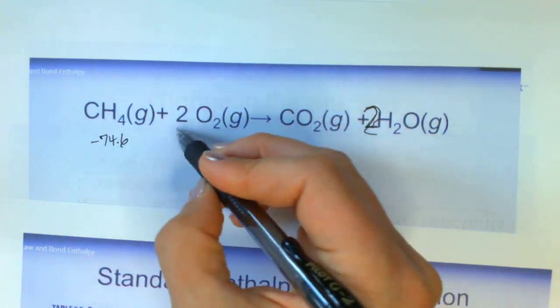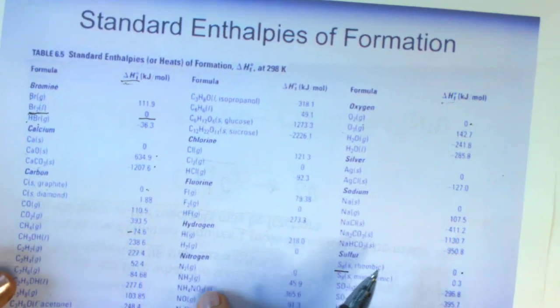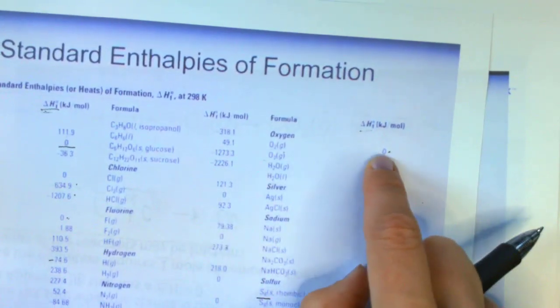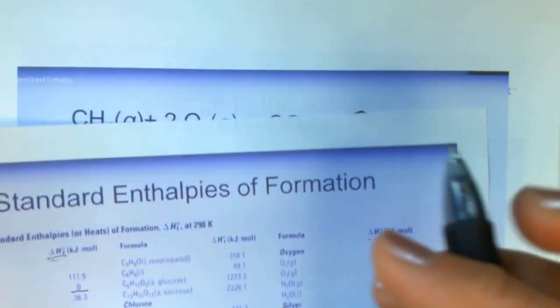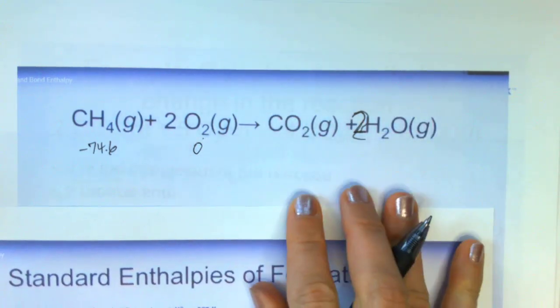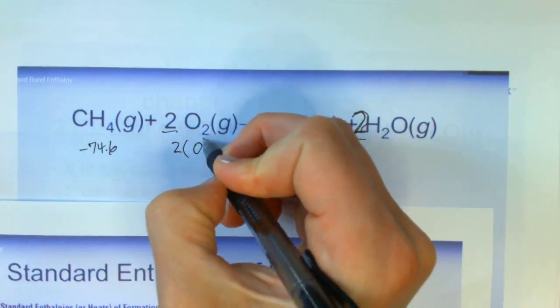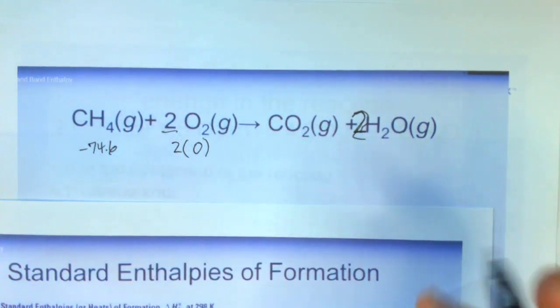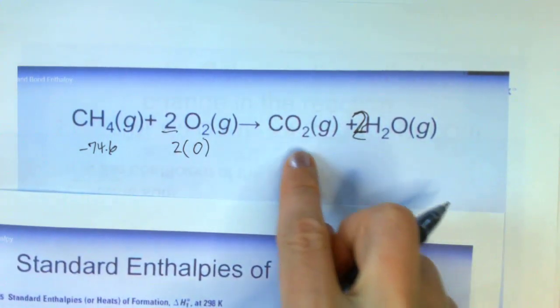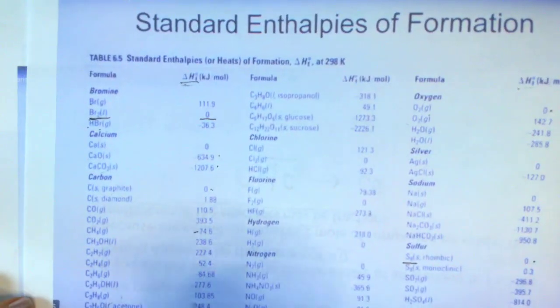We're going to look up our oxygen, which hopefully you're starting to realize, O2 is 0 because that's in its standard state. Now, there are 2 oxygens, so we do need to do 2 times 0, but that's still going to be 0. Carbon dioxide, let's look up that heat of formation.